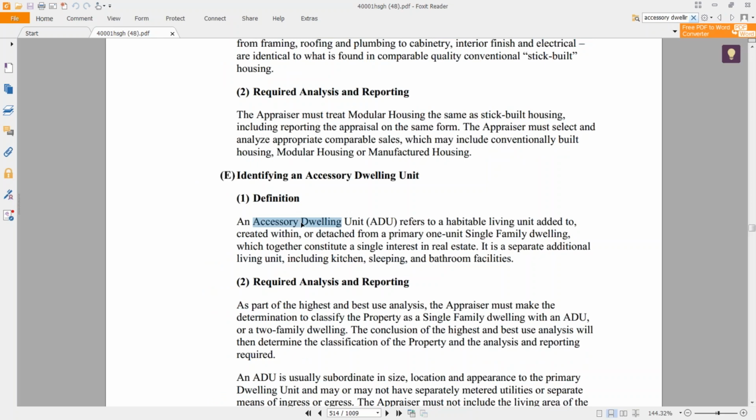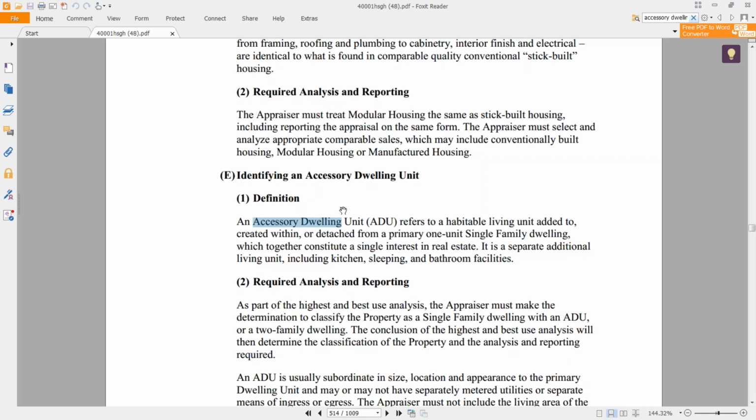So here it talks about what an accessory dwelling unit is. It sort of defines it for us here. It's a habitable living unit added to, created within, or detached from a primary one-unit single-family dwelling, which together constitute a single interest in real estate. It is a separate additional living unit, including kitchen, sleeping, and bathroom facilities.